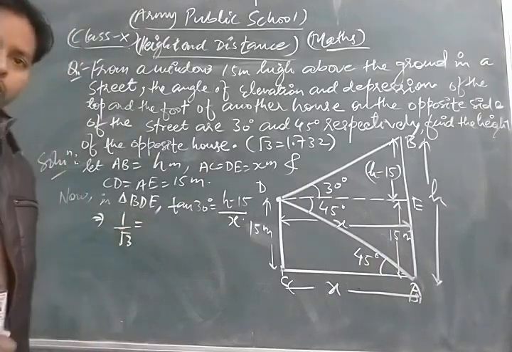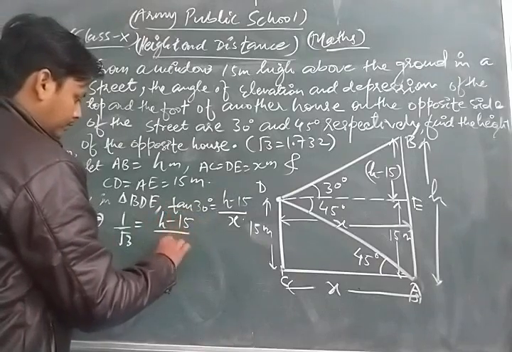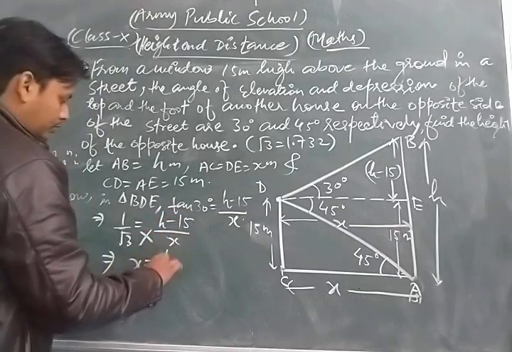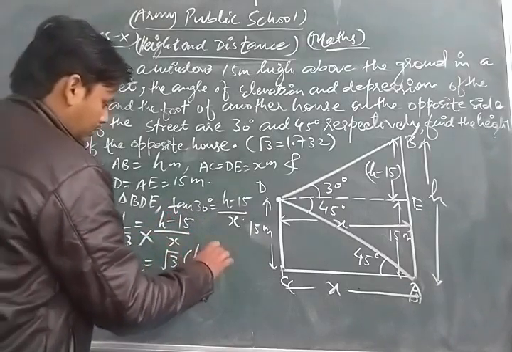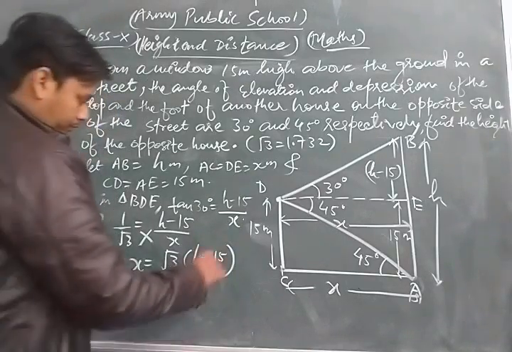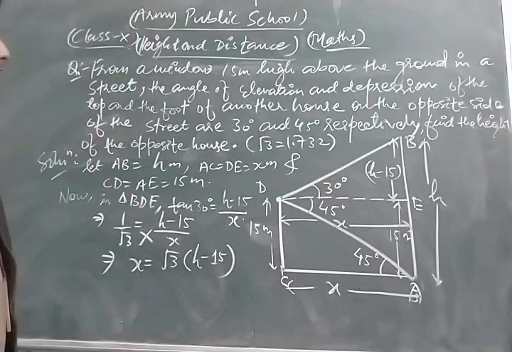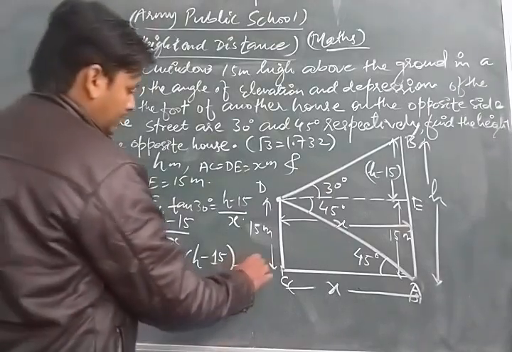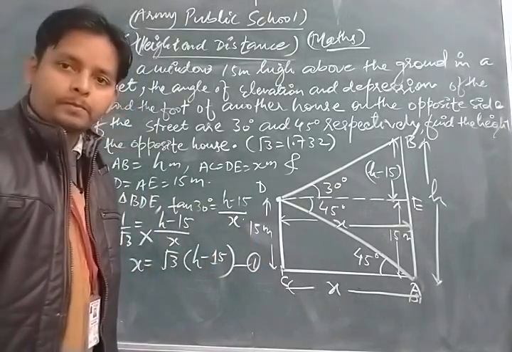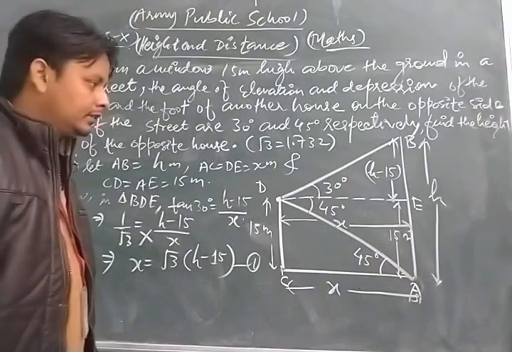So 1 upon root 3 is equal to (H minus 15) upon X. Now we do the cross multiplication, that is X is equal to root 3 times (H minus 15). We take this as equation number 1.